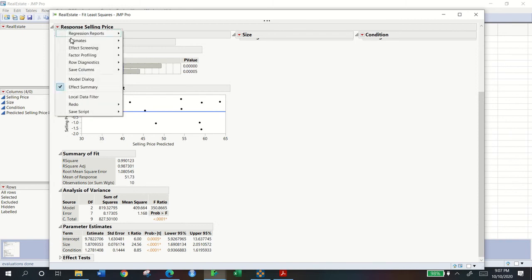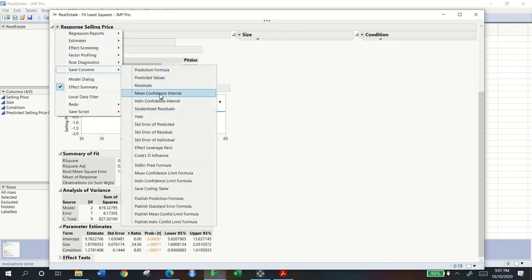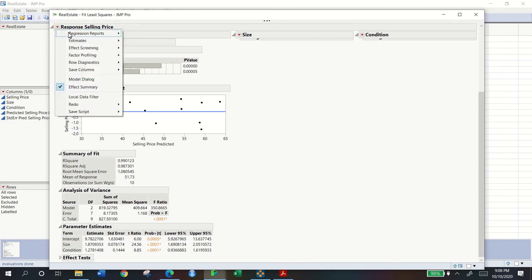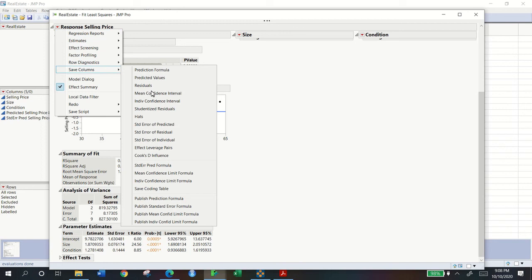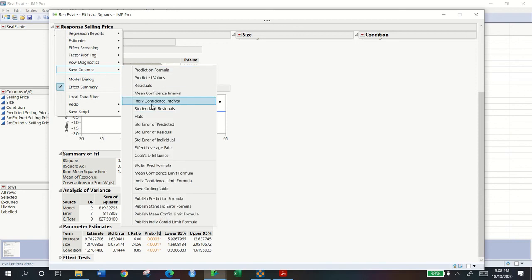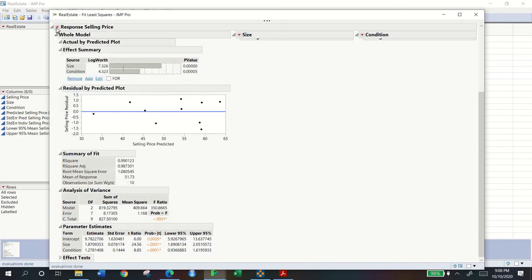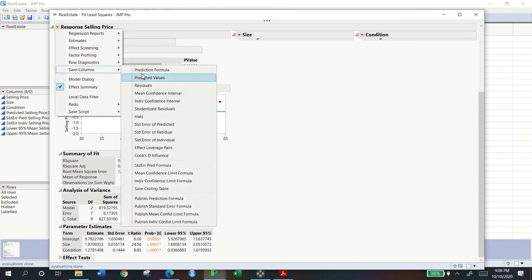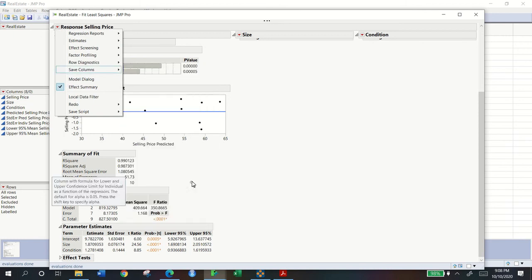We are also interested in getting the standard error of our predicted and the standard error of the individual. And because we may be feeling a little bit lazy, let's also take a look at our confidence interval and our prediction interval.